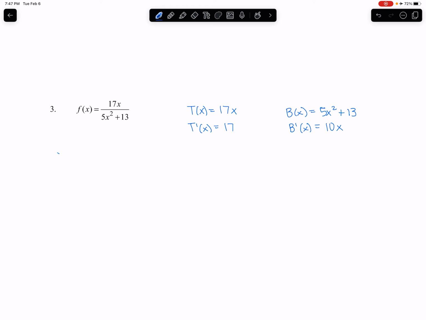Now, using our quotient rule, we have the bottom times the derivative of the top minus the top times the derivative of the bottom all over the bottom squared.